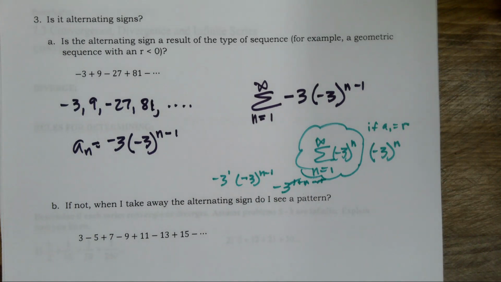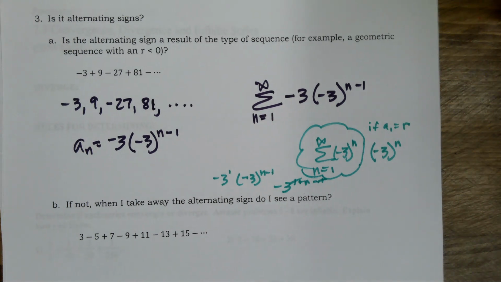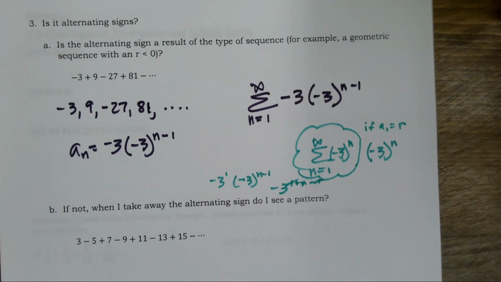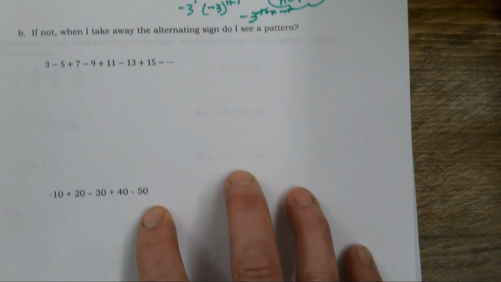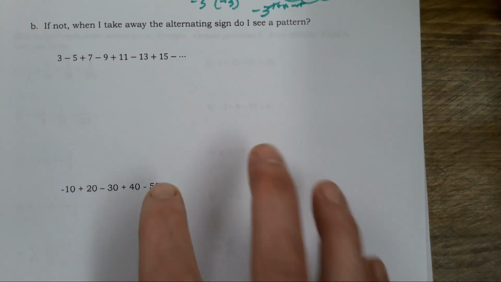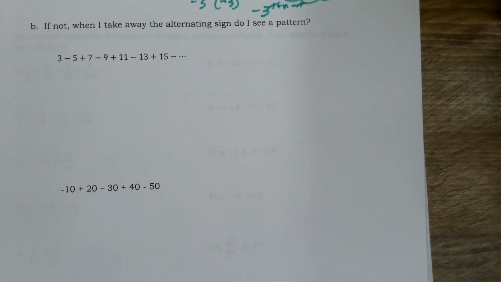If it's alternating, if it's geometric, it's changing because r is less than 0. If it's not, I have to trick it into getting the right sign change. And so what I'm going to do is separate these values again.